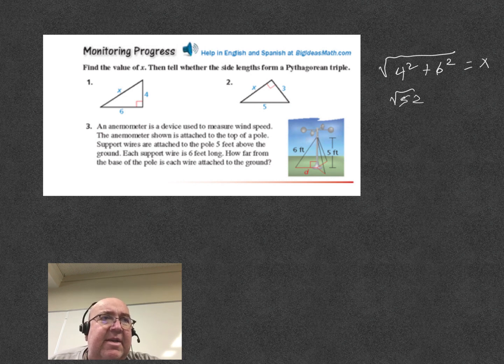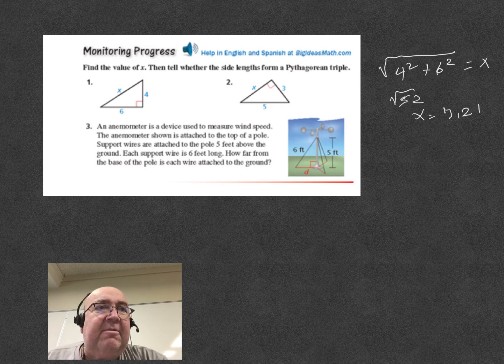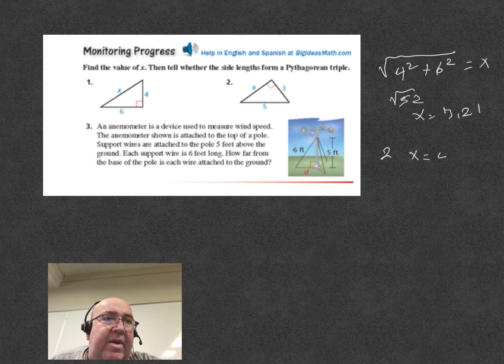I know that that doesn't simplify, so I would accept you leaving that answer, but I went ahead and figured out that numerically it is 7.21, and that's not a triple. Number 2 is a triple, and our x value is going to be 4.